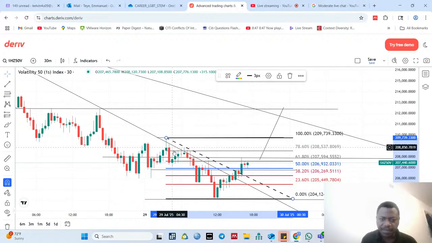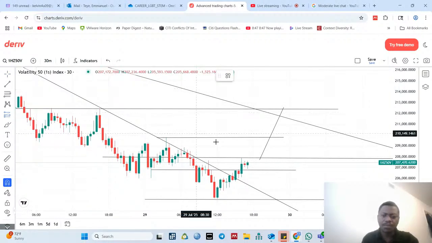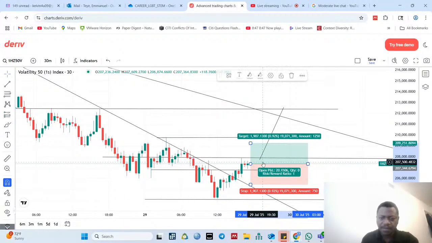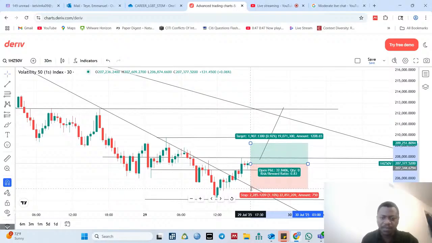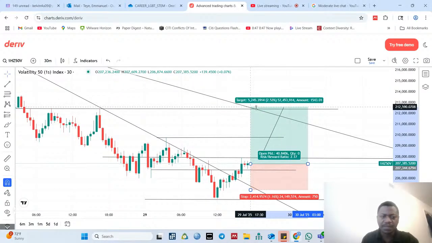And then I will be able to go for a possible long position somewhere from here with stop loss maybe somewhere around this zone or probably here. It depends. Might be able to target just this area.